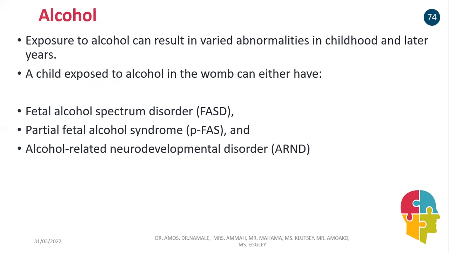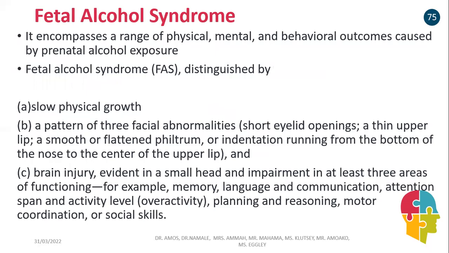So we have the fetal alcohol spectrum disorder, the partial fetal alcohol syndrome, and alcohol-related neurodevelopmental disorder. So fetal alcohol syndrome is a range of physical, mental, and behavioral outcomes caused by prenatal exposure to alcohol.